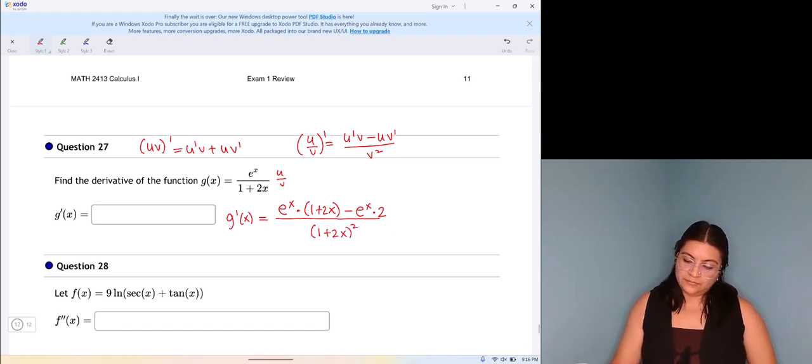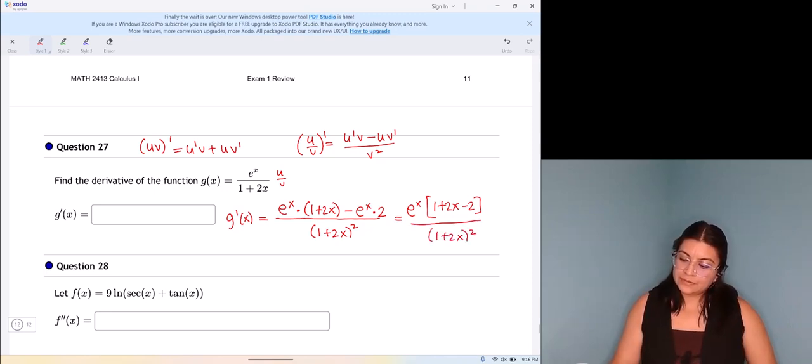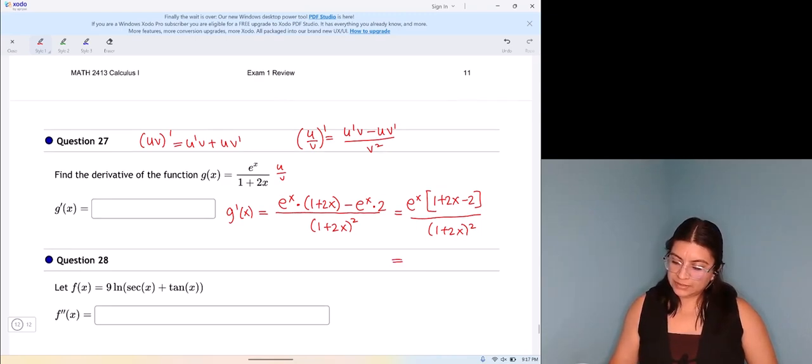This is the derivative. I mean, you can leave it like this. If you simplify, let's factor out the e to the x. So if we factor out e to the x, we're left with 1 plus 2x minus 2 divided by the bottom square. The 1 minus the 2 reduces to negative 1. So we get e to the x times negative 1 plus 2x over the bottom square.